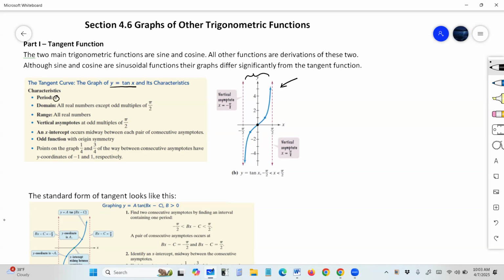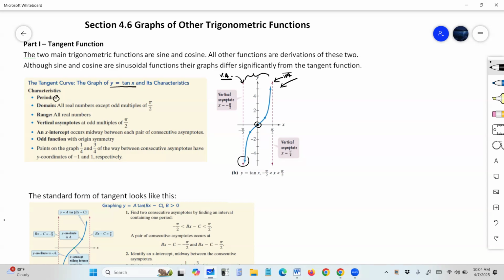The x-intercept is the location where the tangent crosses the x-axis, plus the vertical asymptote to the right and the vertical asymptote to the left. If you remember, asymptotes are these dashed lines that the graph gets closer to, but never crosses or touches.